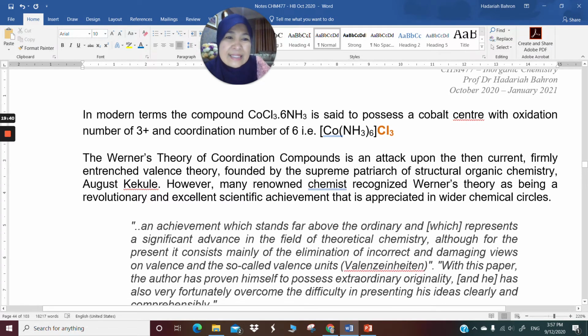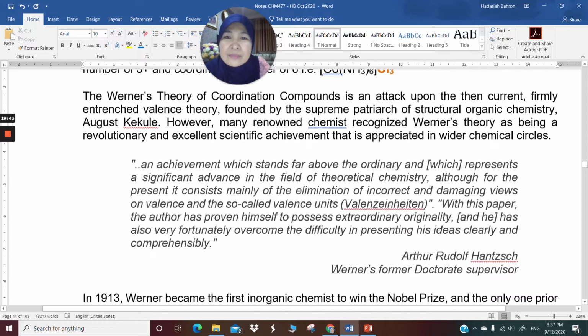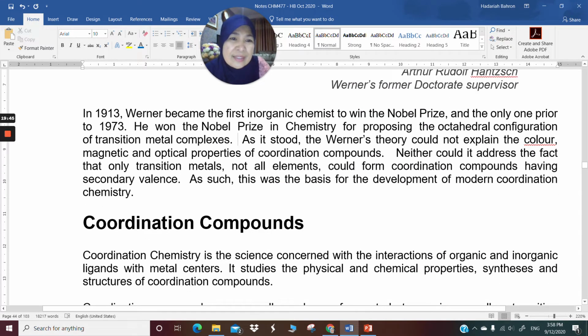His suggestion of octahedral configuration for transition metal complexes gave him the Nobel Prize because the committee that evaluated his work really understood the importance of his finding.